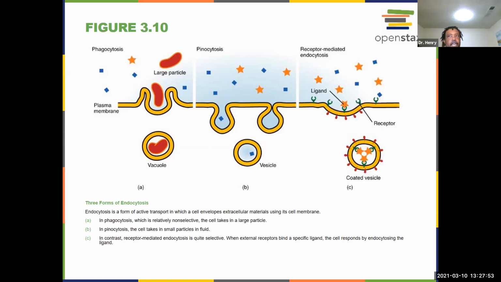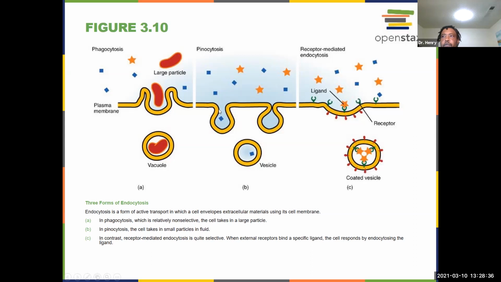In phagocytosis, the cell membrane will loop around and form a vacuole where it takes in the whole big particle and brings it inside the cell. Then a lysosome will combine with the vacuole and put in enzymes to break it down. Those elements in that big particle will then be recycled and reused.